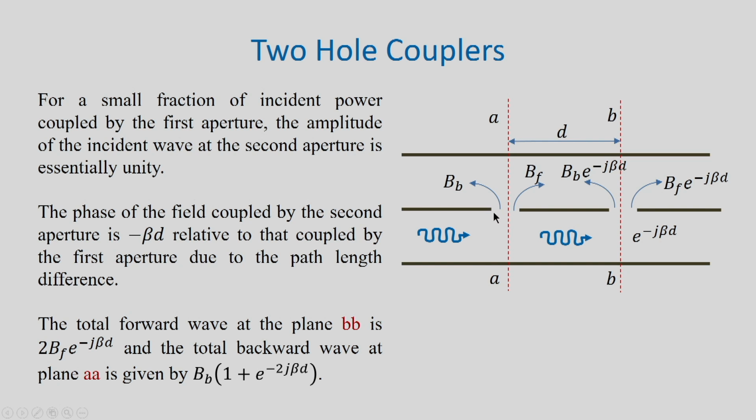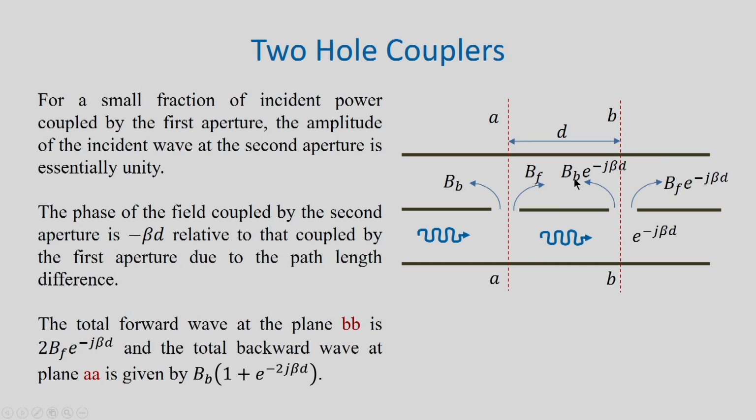here it was BB. Now, here from the second slot, it will be BB e to the power minus j beta d, and then this wave will travel again another length d.